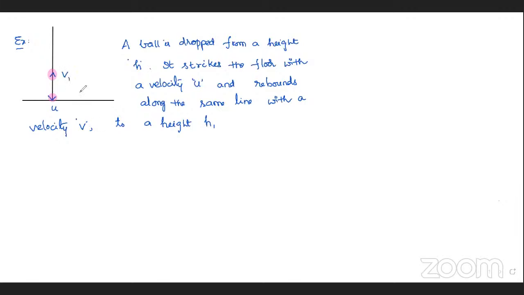Better I take v1, where 1 stands for the first bounce, or second, third, nth bounce. So this is v1 at the first bounce and h1 in the first bounce. Then v1 and h1 are respectively the answers to this question.